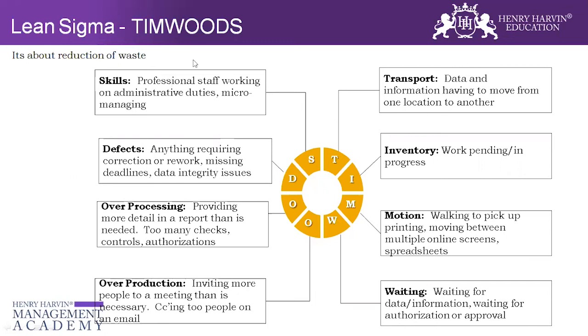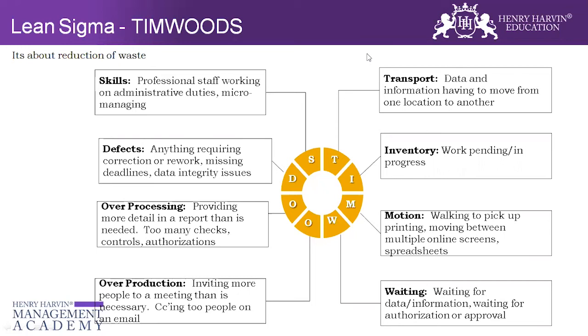So for example, if I need a person for accounting, and I have hired him for HR, that's a skill waste. So this is basically TIMWOODS, the different types of waste which are found in the organization. So it is our objective to ensure that if there's any unnecessary waste within the organization, we try to figure it out and reduce or eliminate it.